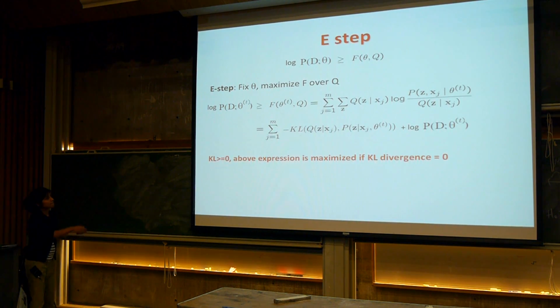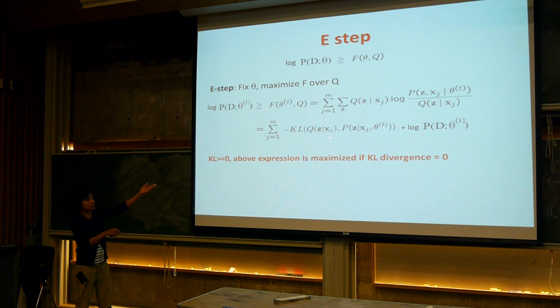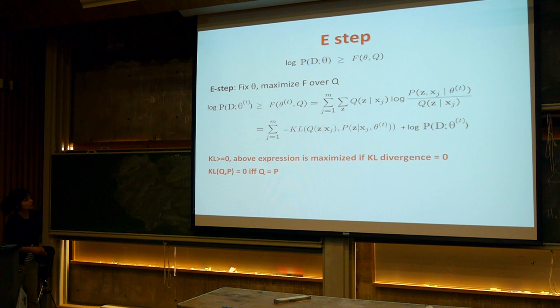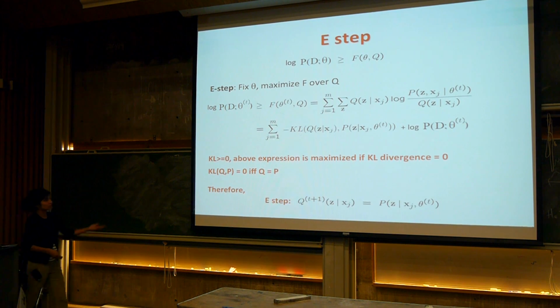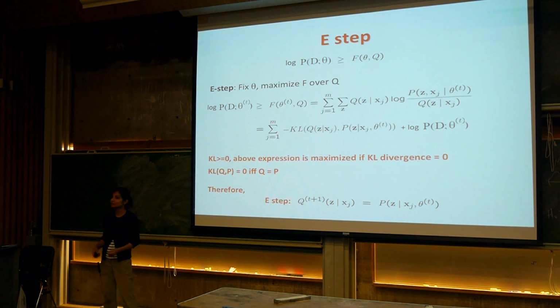So when is this bound maximized? When the KL divergence is set to 0, right? It's always positive, and KL divergence is 0, as I said, when both the distributions are the same. So it tells us that the Q that maximizes the lower bound is when Q is equal to P. So the solution, the E step, is just that your Q distribution is the probability of the hidden values given xj's.